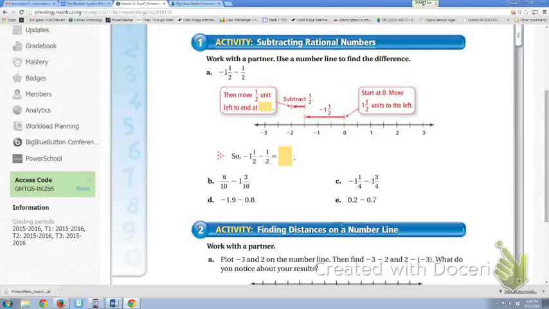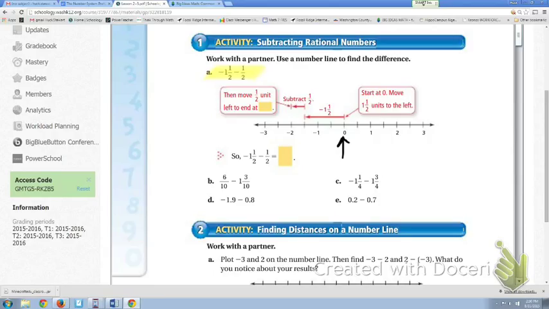So as you're looking at this example right here, what is a negative 1 1/2 and a negative 1/2? How does that look on a number line? Well, you always start at 0, even if you're working with rational numbers, and rational numbers still follow the same patterns as integers do.